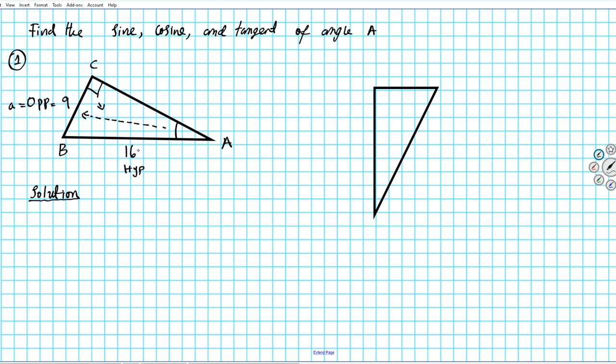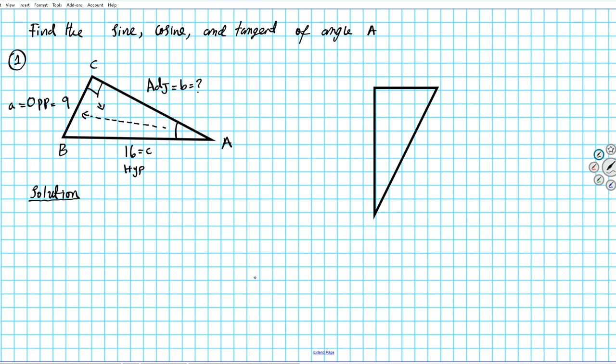Let's call that c. And you notice that this other side, the adjacent, or b, is unknown. We don't know what it is. So to find all three trig ratios, we will need to find the third missing side, namely the adjacent.